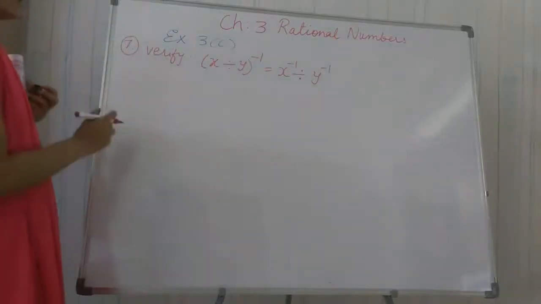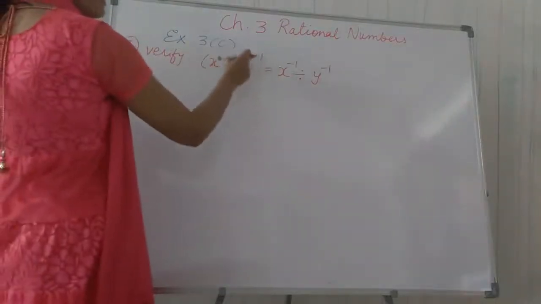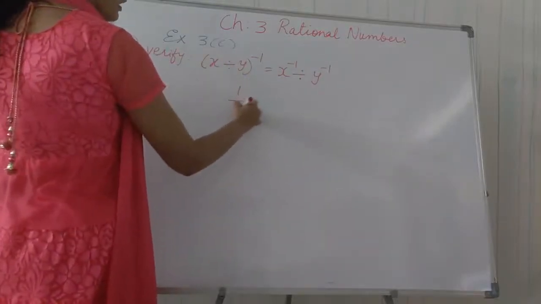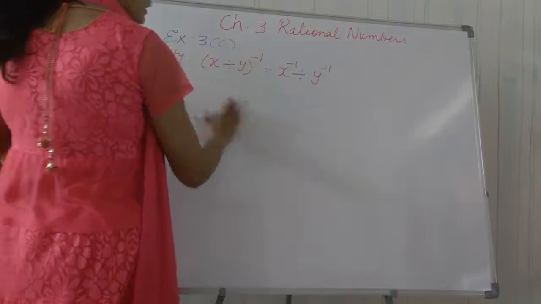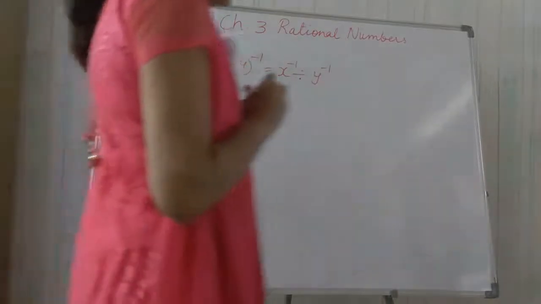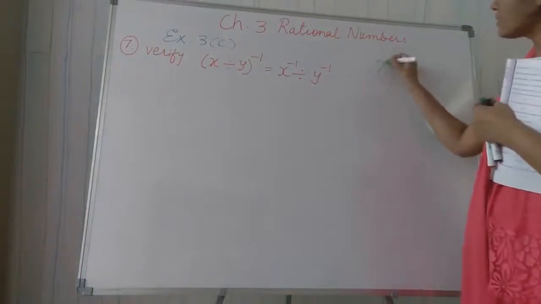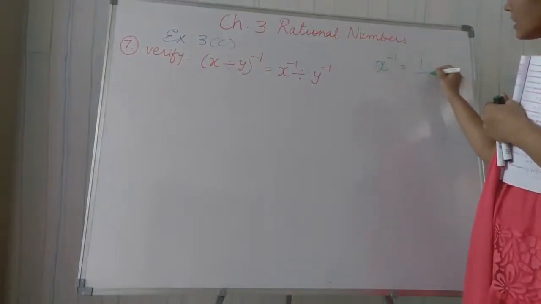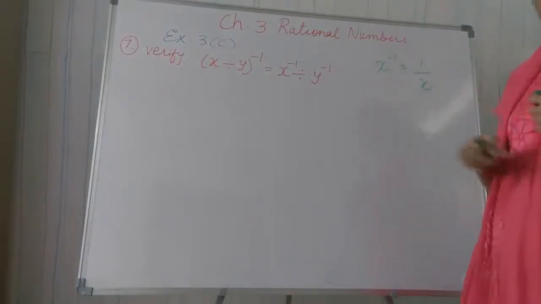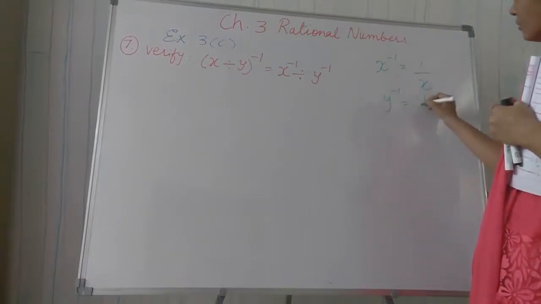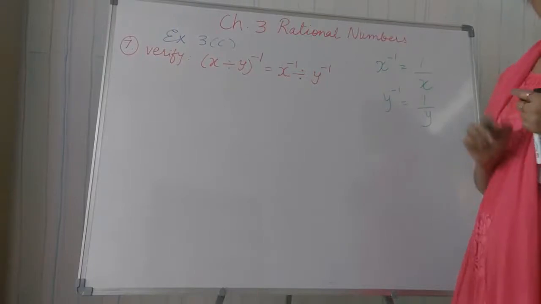Now students, when I want to change this negative sign to positive, I will take its reciprocal, like x raised to minus 1, that I will show you here. So you can remember it. Whenever x raised to minus 1, then you can change it to positive as 1 by x. Y raised to minus 1, you can write as 1 by y.